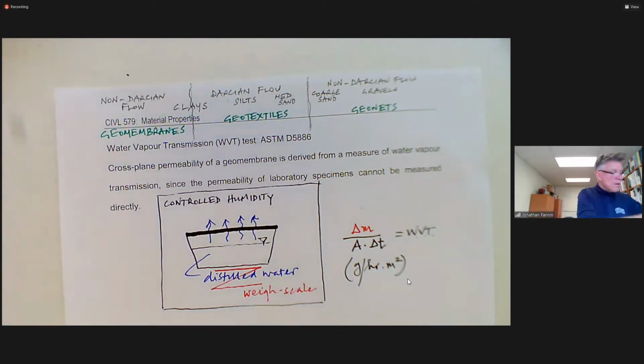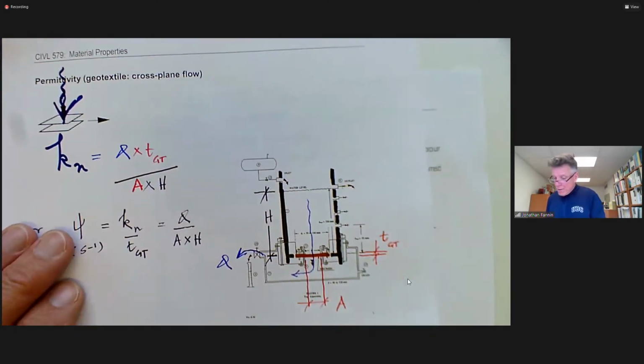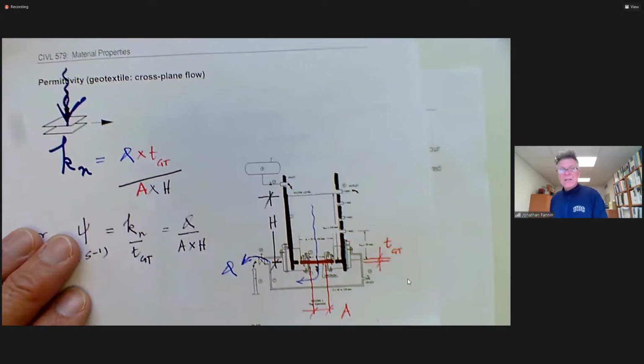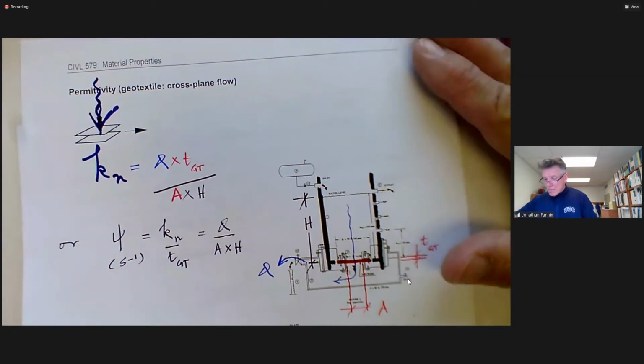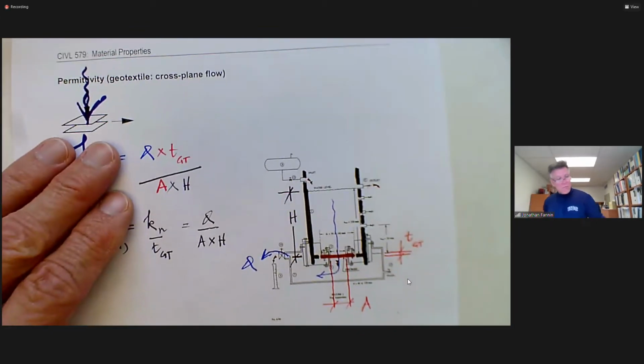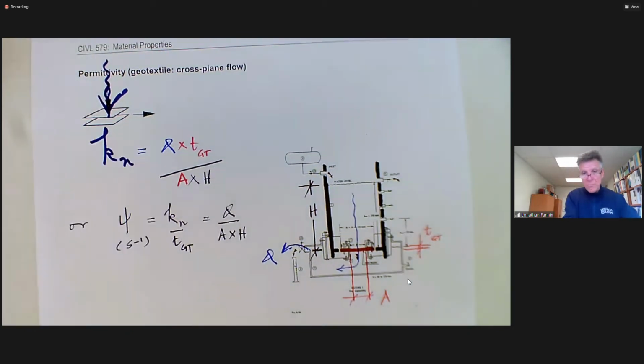Let me return to give a brief overview, and bear with me, I appreciate going through materials testing and test methods doesn't exactly set the world on fire. But do you remember I said, here's this permittivity. It's a bit of an index test. It's really just a screening tool. It gives us a relative value between different materials.